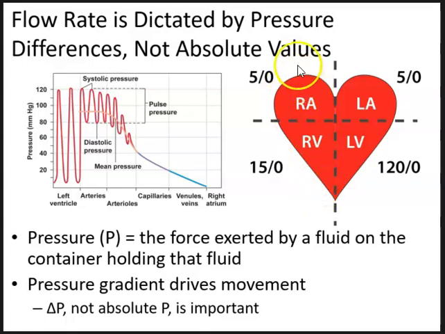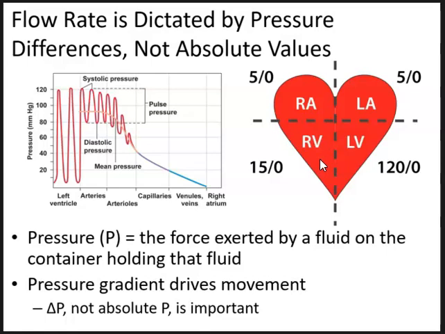If the right atrium is undergoing its own atrial systole, meaning having a pressure of about 5, in the ventricle the pressure is at 0, allowing for filling of the ventricle with blood from the right atrium to the right ventricle.